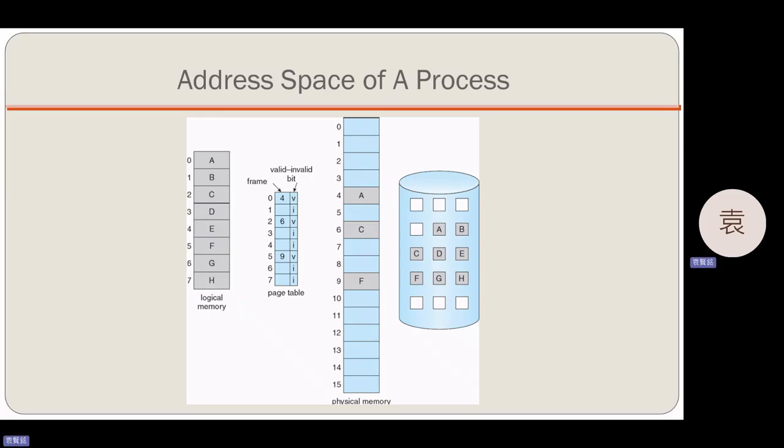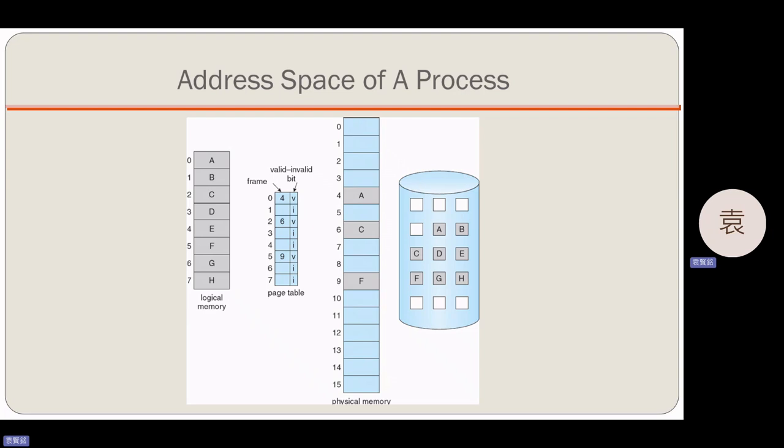Here is an example. If we have a process containing 8 logical pages, so we have logical page 0 to 7, the corresponding page table will have an entry for each also. In this particular example, only 3 pages are in physical memory, pages A, C, F, and they are stored in physical memory frames 4, 6, and 9, respectively.